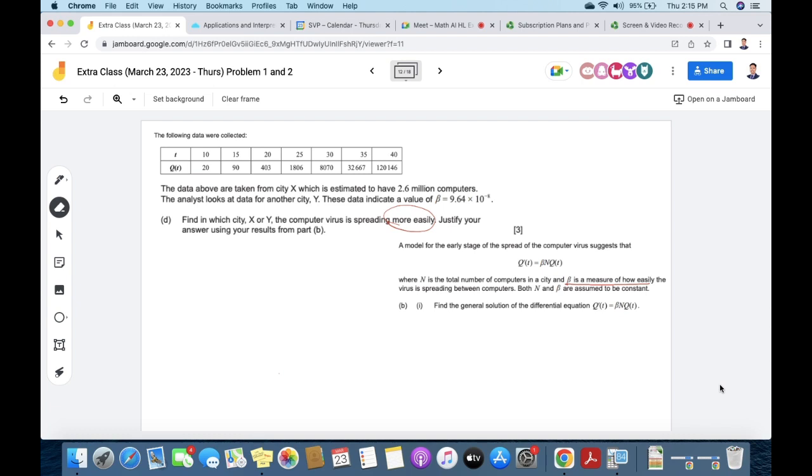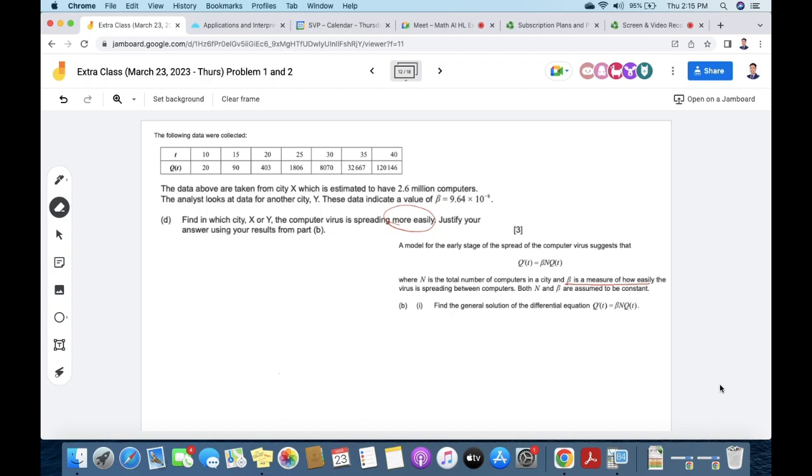If you try to remember, if you are, let's say, a meter away from an infected person, there's a chance for you not to get infected because we distance ourselves from the other person who's infected. So at least 1 meter away, we are safe. But Omicron virus might be different because even if you're 1 meter away, you could still be infected by the virus. That is why we say Omicron virus spreads easily.